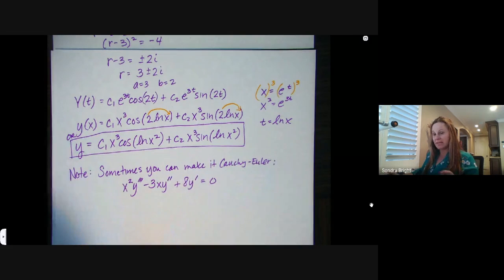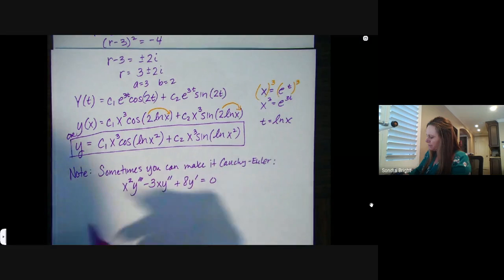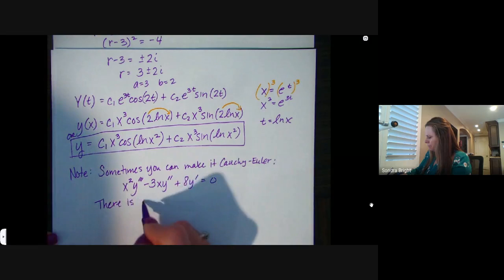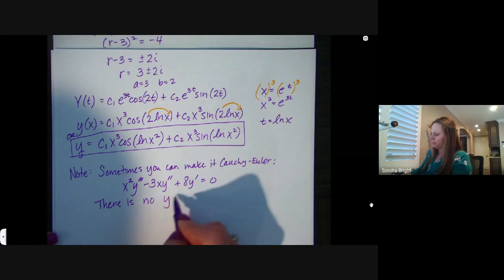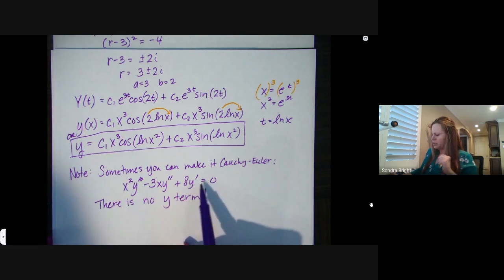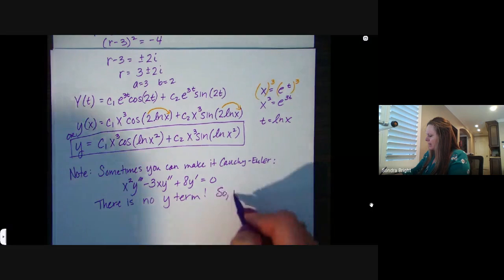And the reason why I can is that there is no y term. There's no plus 3y or whatever. So if there's no y term, you can absolutely make this a Cauchy-Euler because you can multiply both sides of the equation by x.